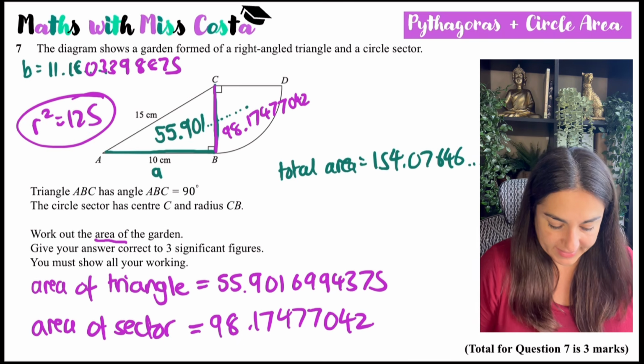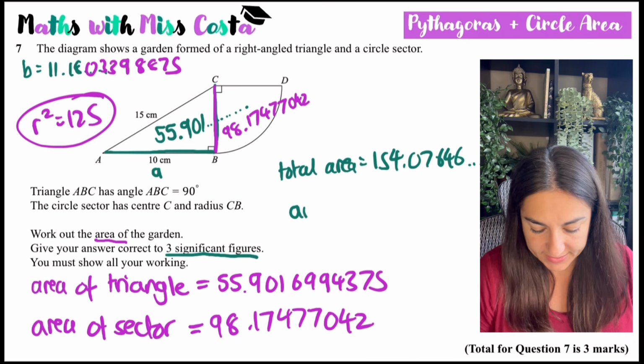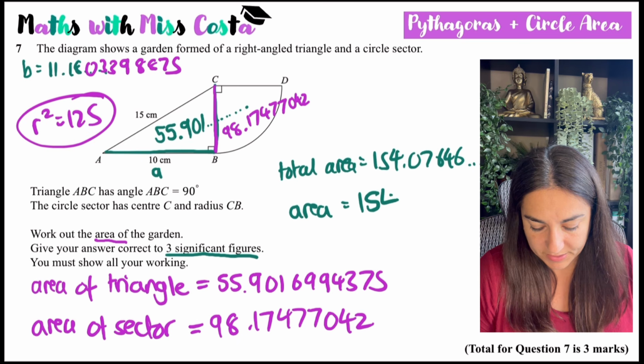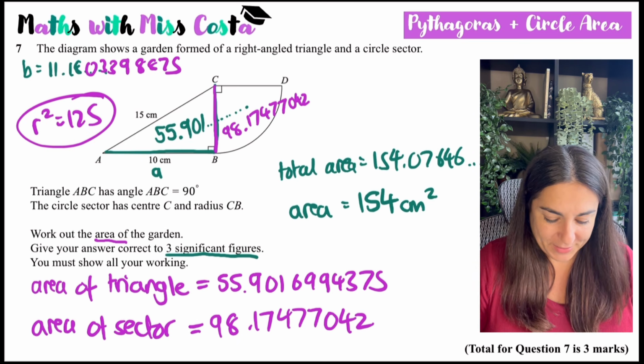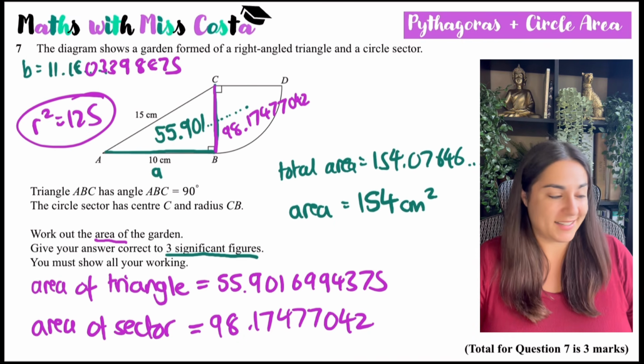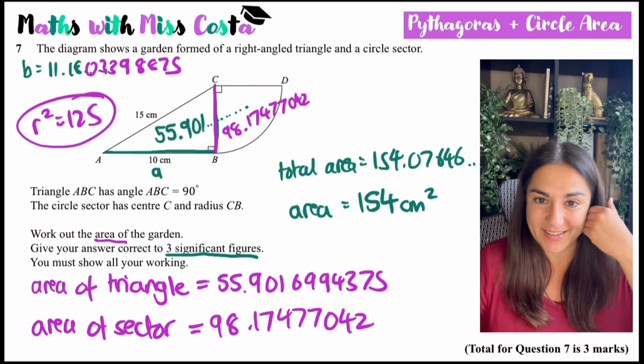We don't need to worry about that because it says give it to 3 significant figures. So the total area is going to be 154 centimeters squared. So a very, very small garden. I am assuming this is a miniature garden for a tiny little dollhouse.